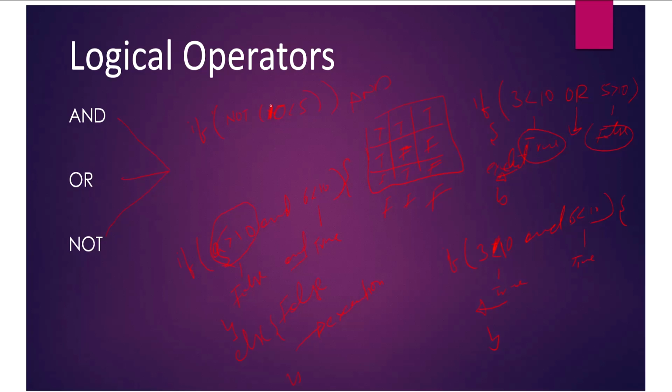Here I have given 10 less than 5, which is a false condition. 10 is not less than 5, so here we will get false, and not false, since it is false, will make it true. It will simply invert the expression: if it is false it will make it true, if it is true it will make it false. This is the function of the not operator.